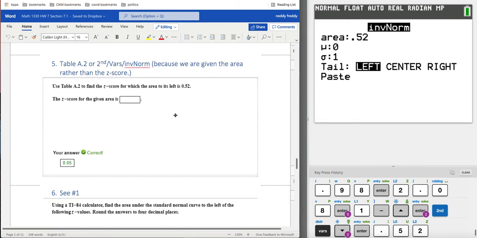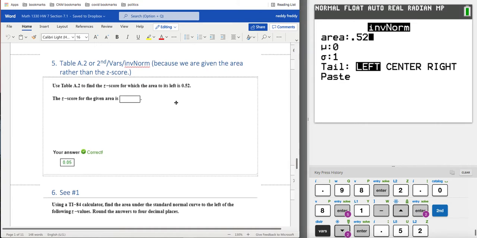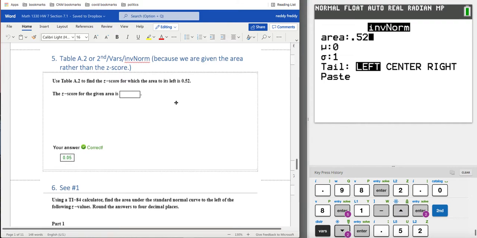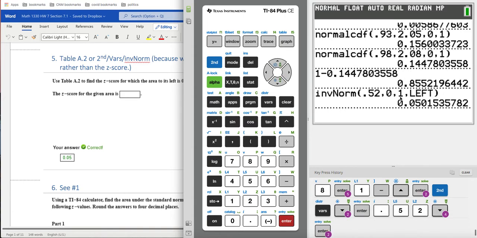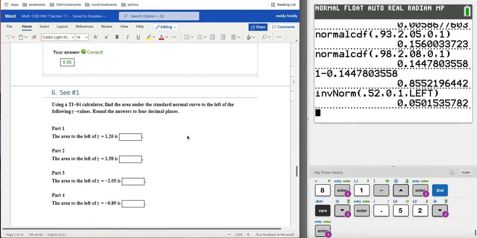I think maybe the TI-84 color version has that, but the regular ones that Trio has and that most students have do not. They default to left. So if you're given area to the left, then it's fine. You just put in the area, and you won't have this row asking you about the tail. And you paste, and then it gives you the answer, which is, in this case, 0.05.